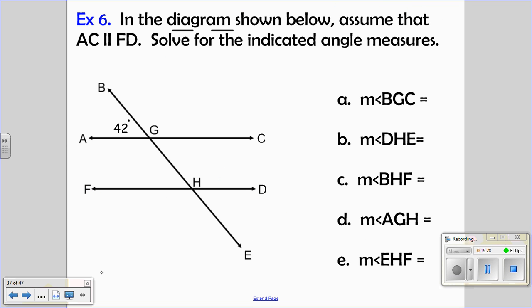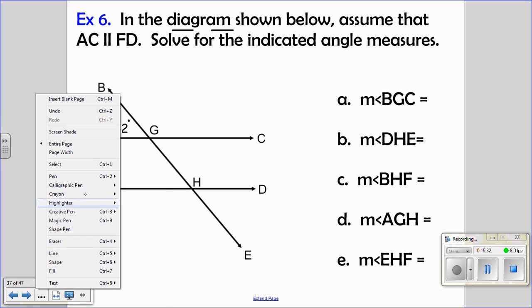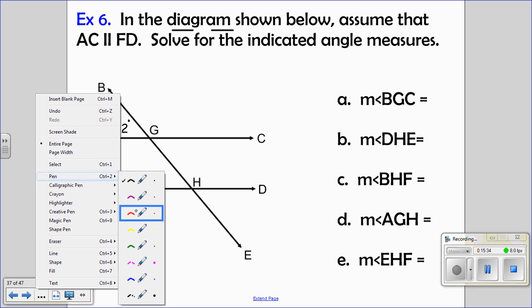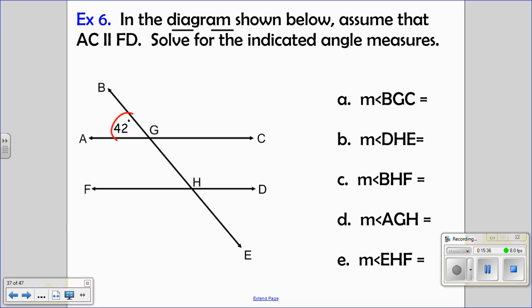On example 6 here, they give us the angle measure of 42 degrees in the top corner on the left. The first thing I would do is apply my zigzag and find all the congruent matches. So zig, zag, zig. So that means this angle and this angle are all 42 degrees.